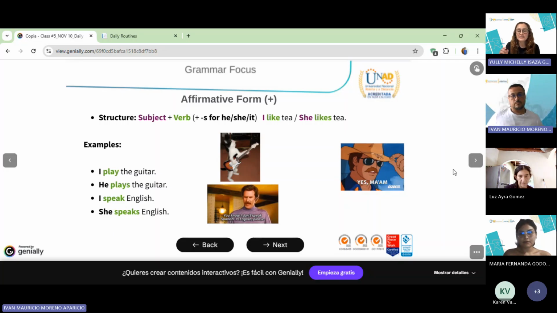Remember, girls, that if you are talking with the third person, las terceras personas, that is he, she, it, you have to put the letter S at the end of the verb, or ES according to the verb. It is only with the third person, he, she, and it, okay?